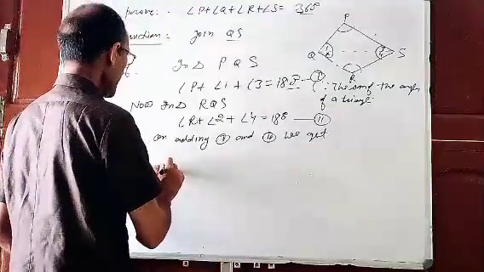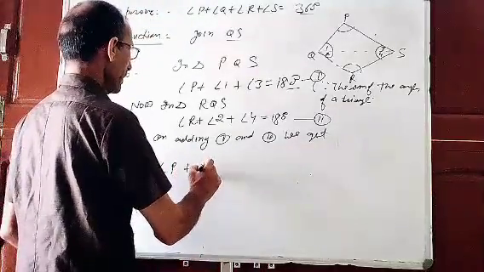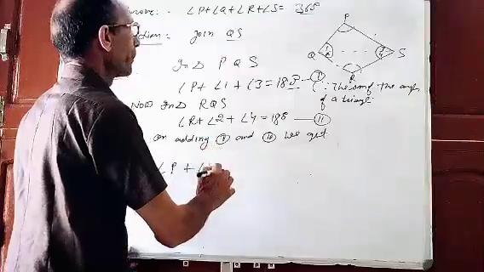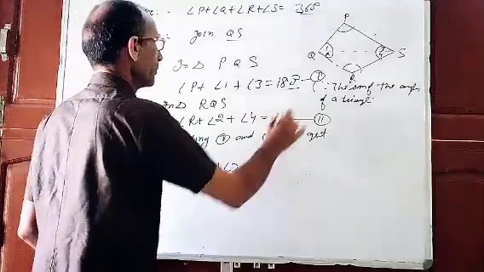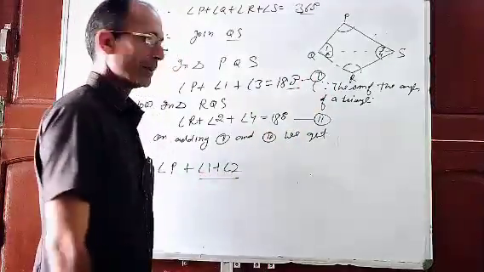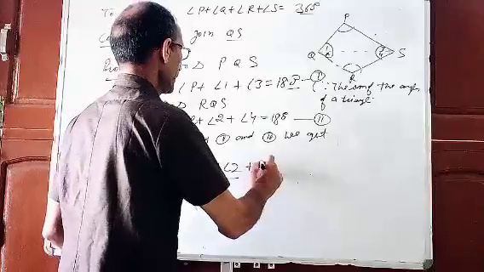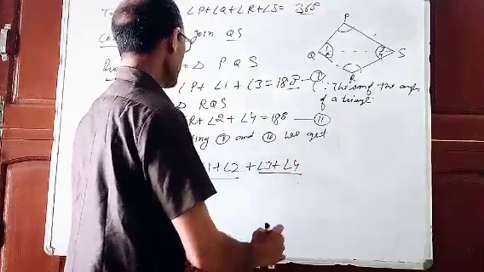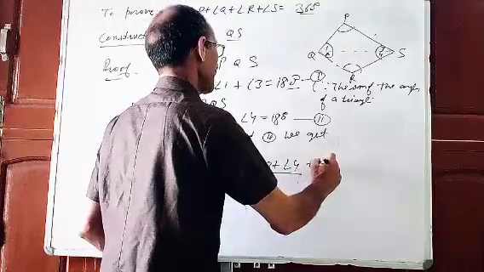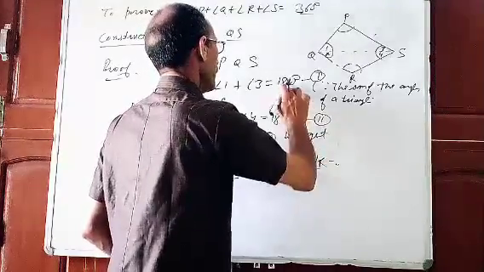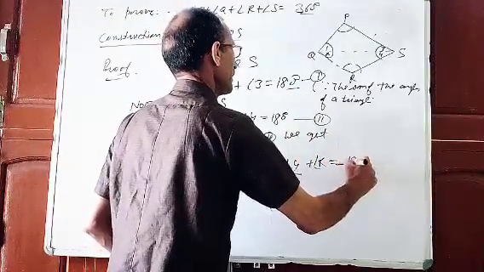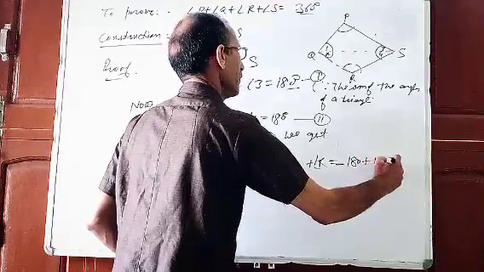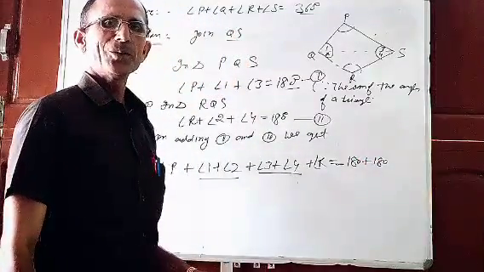So angle P plus angle 1, plus right here angle 2, plus angle 3 plus angle 4 plus angle R is 180 plus 180. Yes or no?